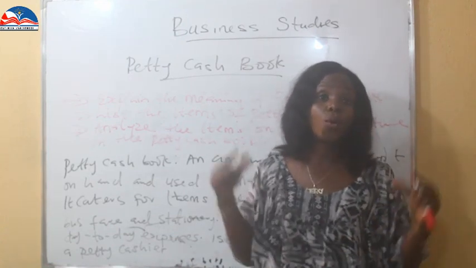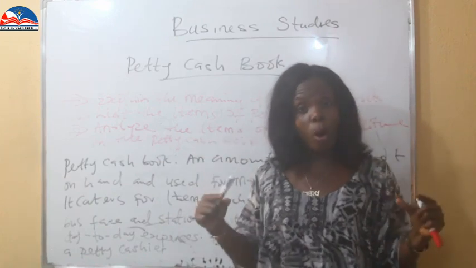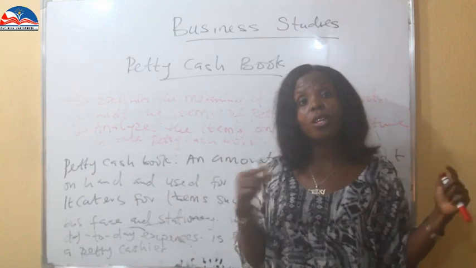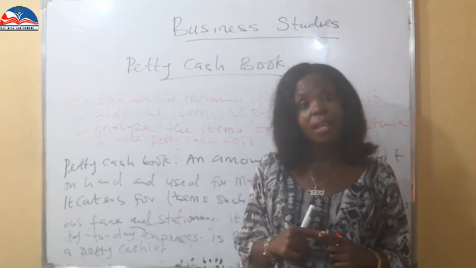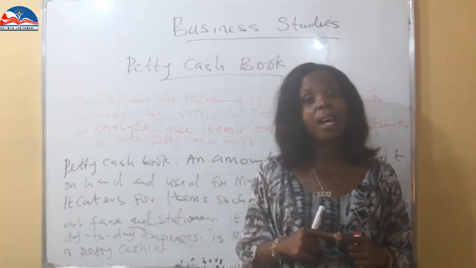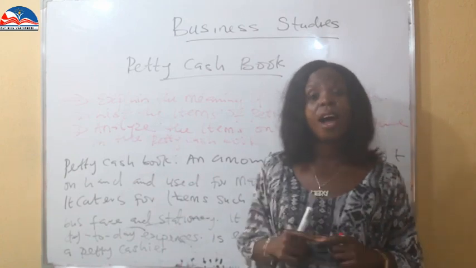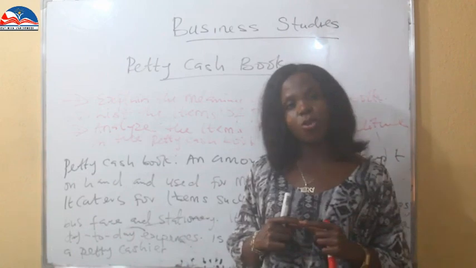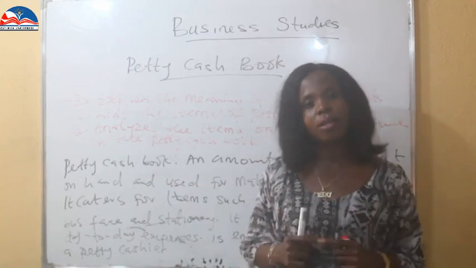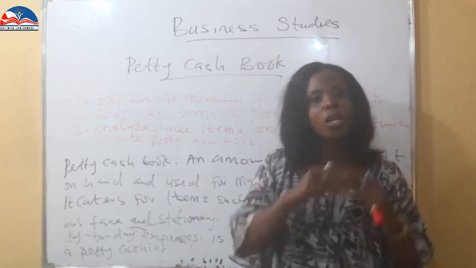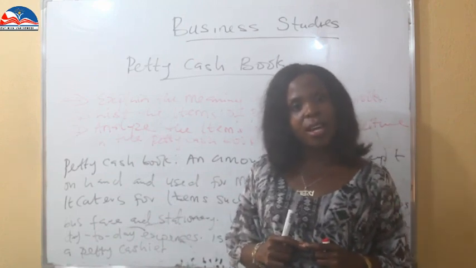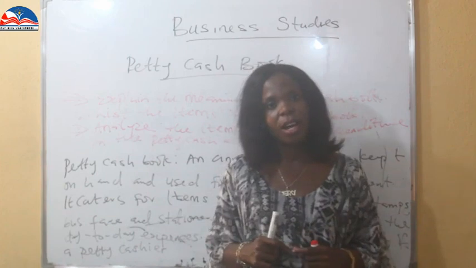So when you remember that petty means small, you will remember that it means the recording of the small expenses, the little expenses that happen in our everyday running of our business. And it is important to have a petty cashier in your organization so that you don't overload the cash book, so that you can enter these entries in the petty cash book.